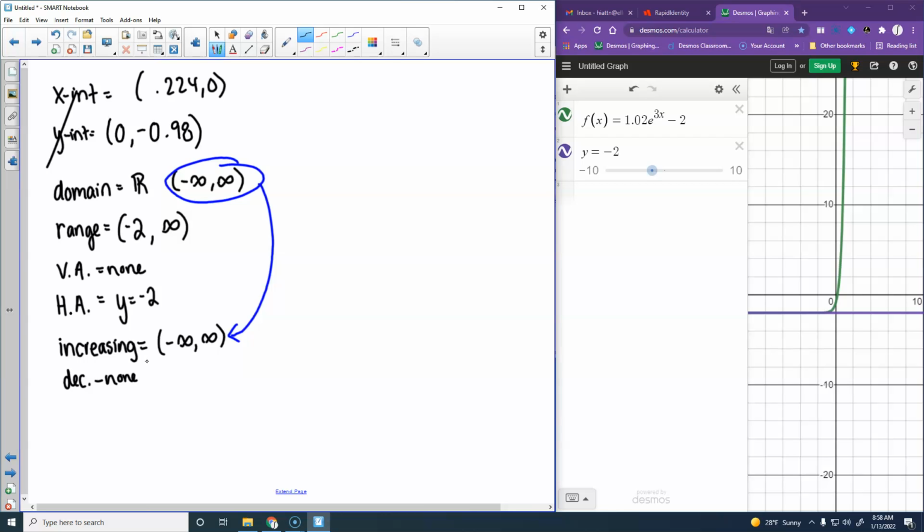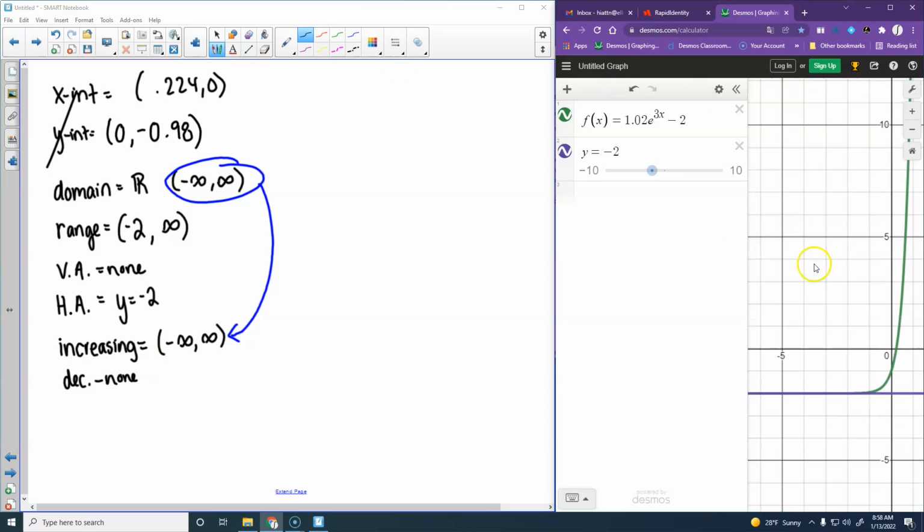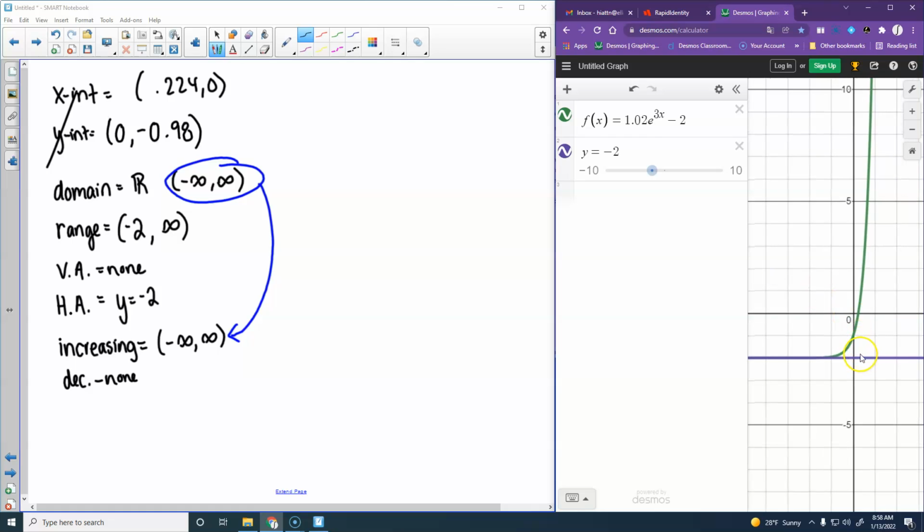So, positive and negative are a little bit difficult to do, I feel like. When we're talking about positive and negative, at that x-intercept, that's when we cross the x-axis. Before that, over here, we are below the x-axis. That means we're negative.